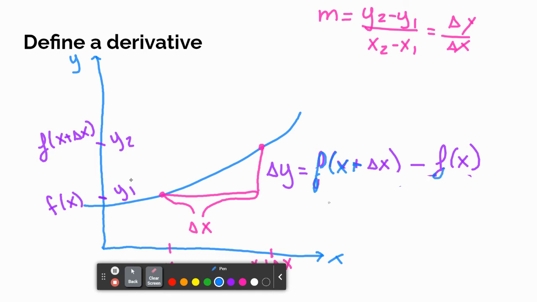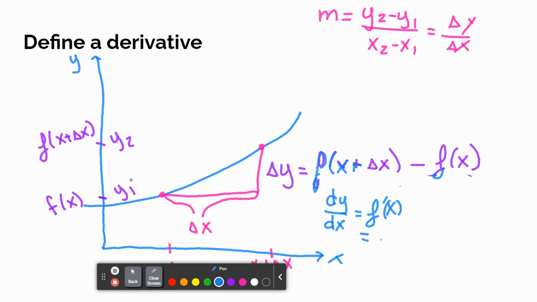So what we call the derivative has many different forms. You can use dy over dx, or we also say f prime of x. You see this little mark up here. It's not a 1, it's not an exponent, it's just a little apostrophe.